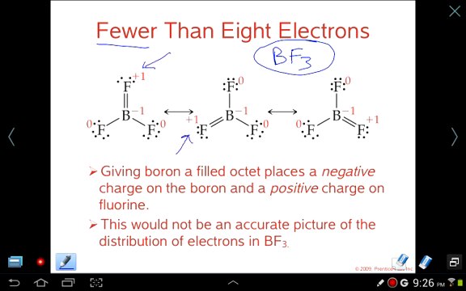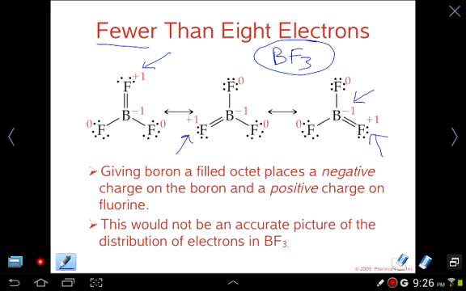Now this is very unlikely for fluorine to do. Fluorine is the most electronegative element, and it will not show itself in these circumstances to show a plus 1 charge, and especially because boron is sitting on the inside and it shows itself to be a minus 1 charge. Boron is quite a bit less electronegative, it's more electropositive.